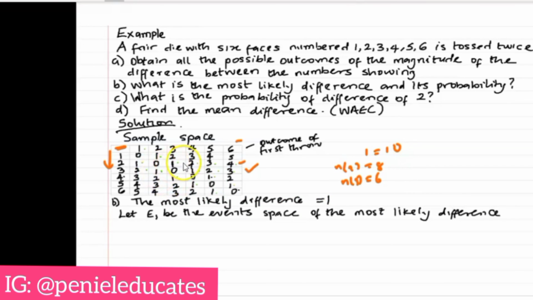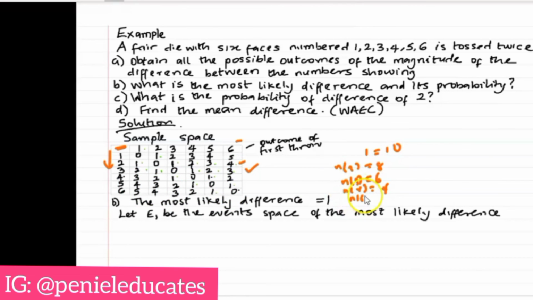Let's look at 4. We have 1, 2, 3, 4. So 4 occurs 4 times. What about 5? 1, 2.